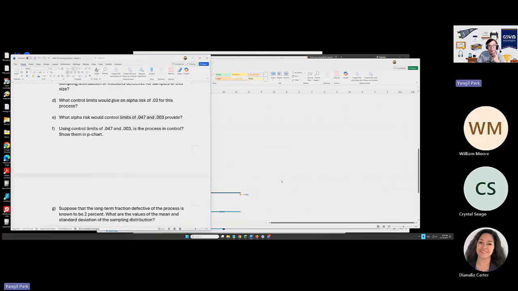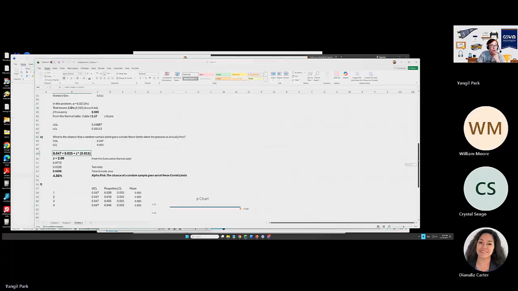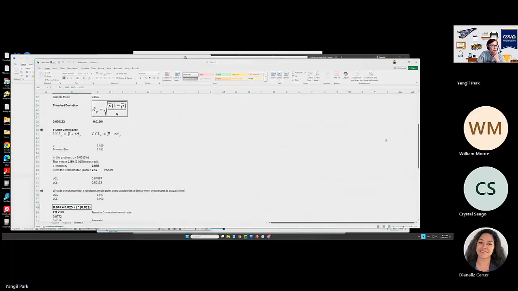So again, we're going to use the formulas for upper level and lower level, right there, those two.